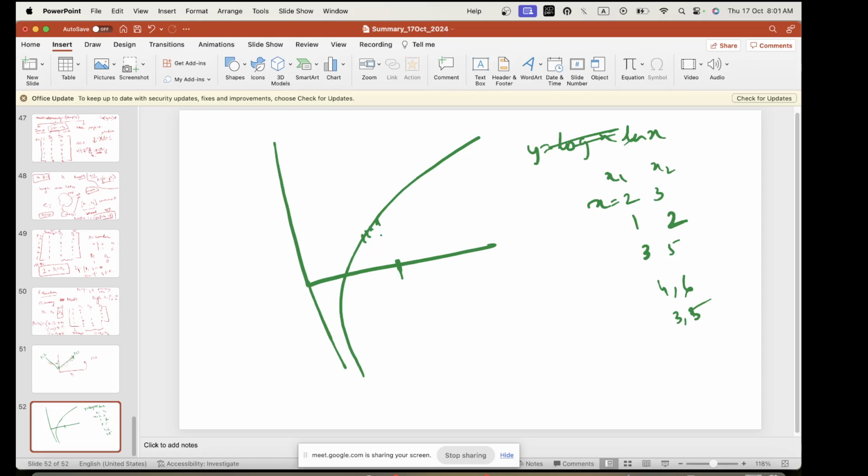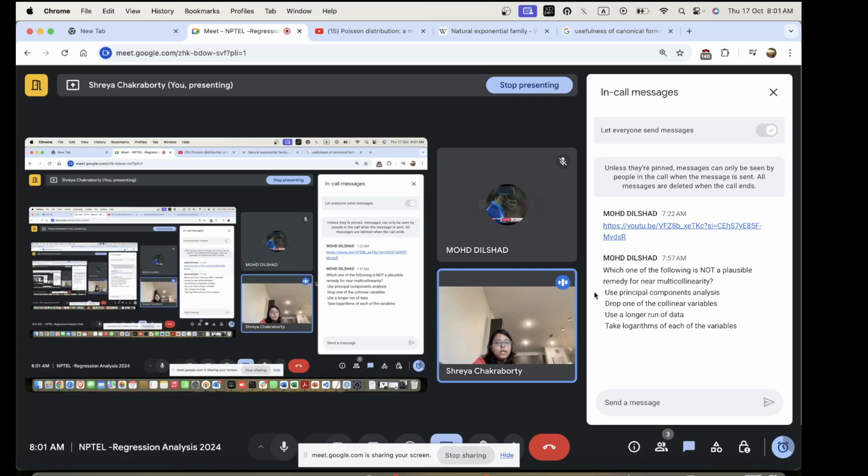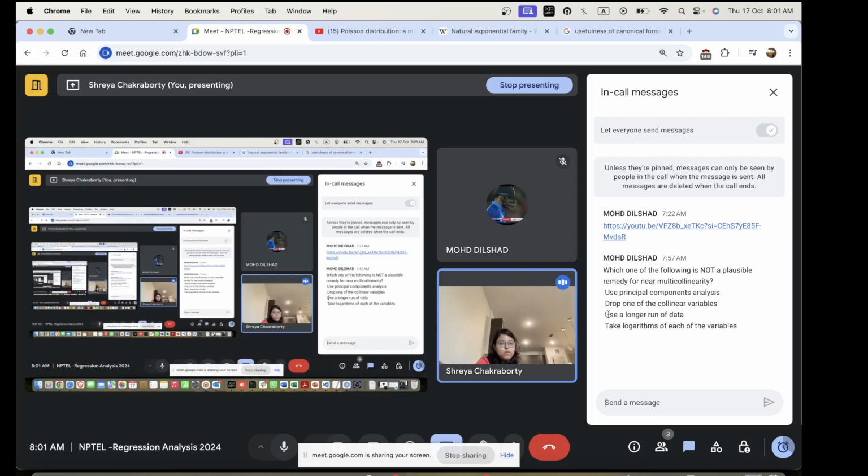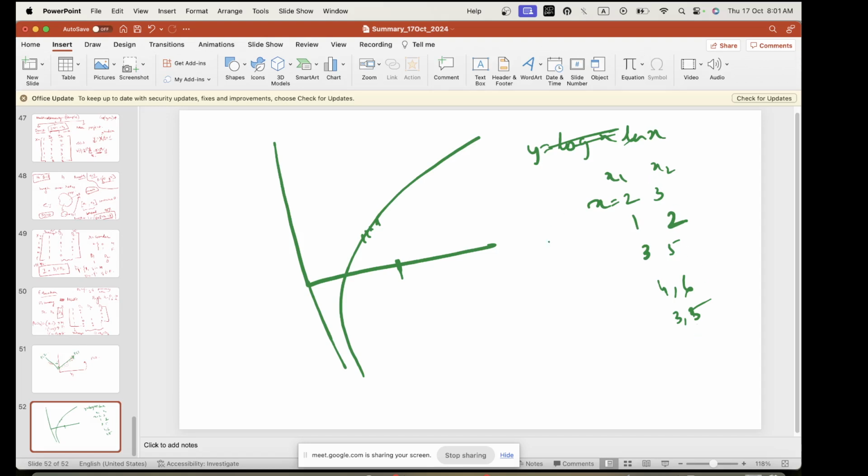The other two examples that we have seen, principal components and dropping one of the collinear variables, these two will definitely work. The confusion is between a longer run of data and logarithms. Since these are not cooked up data, real data is usually such that if we take longer runs and include more samples, this collinearity will tend to get weaker and weaker, if it exists.